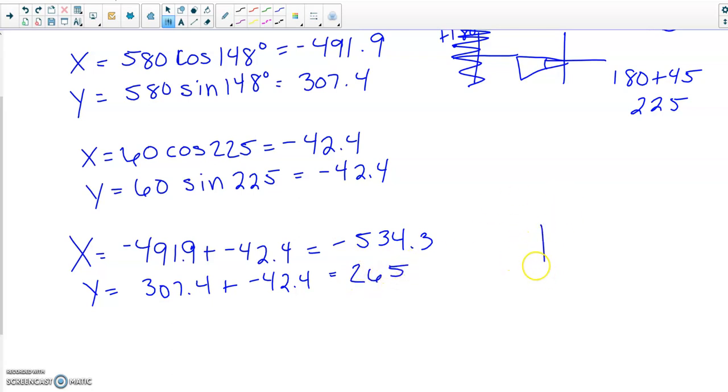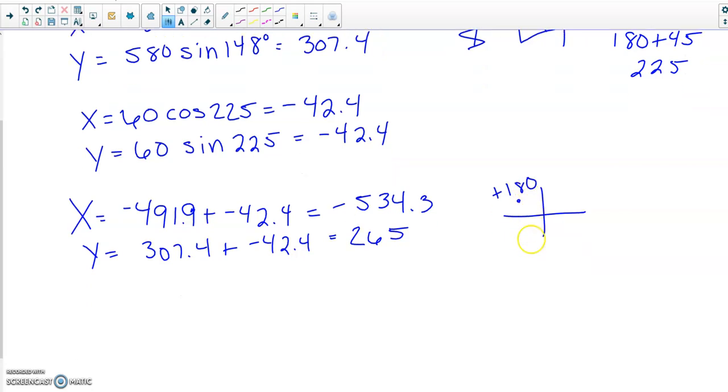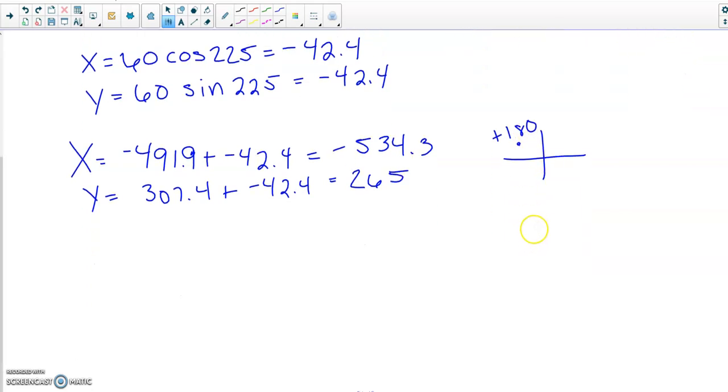Okay, so now we'll look at where we are. Negative, positive, so we're in quadrant 2. We're going to add 180 degrees. I'm going to ignore everything else. So here we go, magnitude.